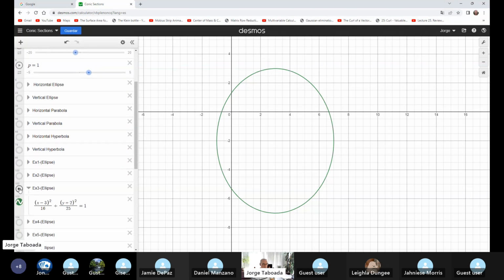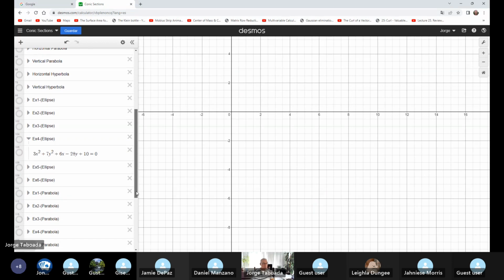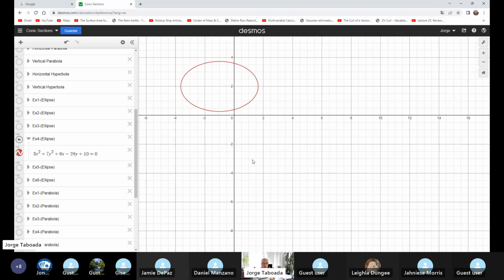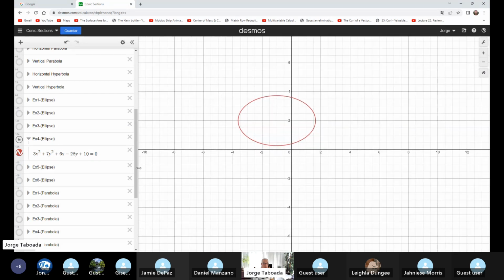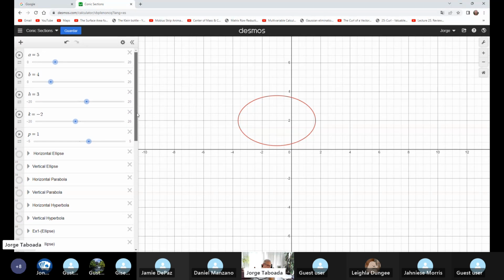I move on to the graph, example 4. Yes, this is example 4. Look, I copy exactly the same as given. I don't do anything else, I just paste it, and you see something like that. However, I want to investigate.